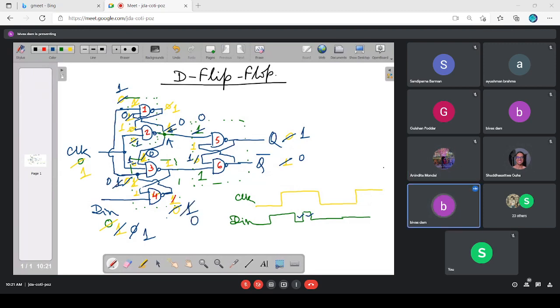That 0 will be coming here. That 0 will be coming here. So that will end. And what about the others? I think others will remain the same. Yes, sir. Others will be same. That means the output will remain in logic 1 condition.